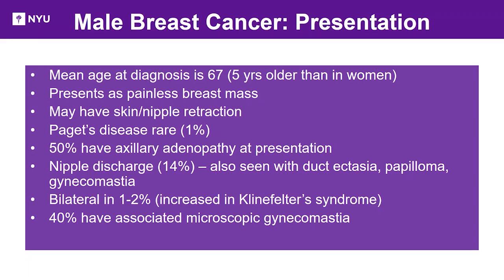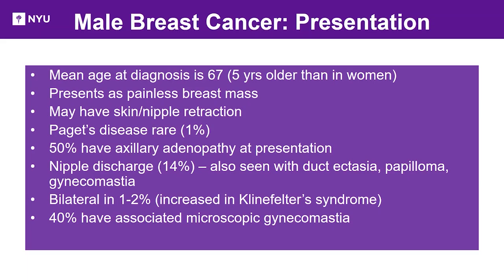Paget's disease, which also occurs behind a nipple, is pretty rare in this scenario. And men usually will present at a more advanced stage, so about half of them will have axillary adenopathy at presentation. Occasionally, they may have nipple discharge, and as I alluded to before, we have to be careful about checking for bilateral disease. It's actually about 1 to 2%, and certainly it is higher in men who carry a known diagnosis of Klinefelter's.